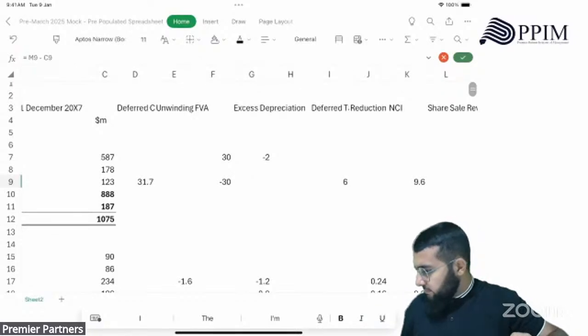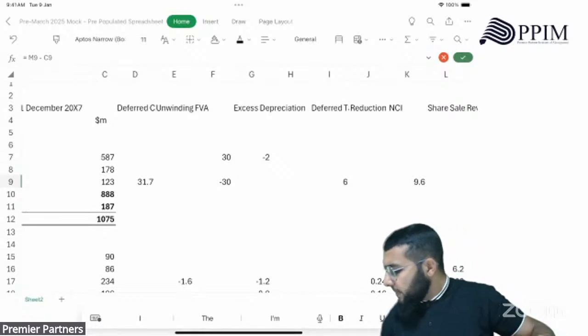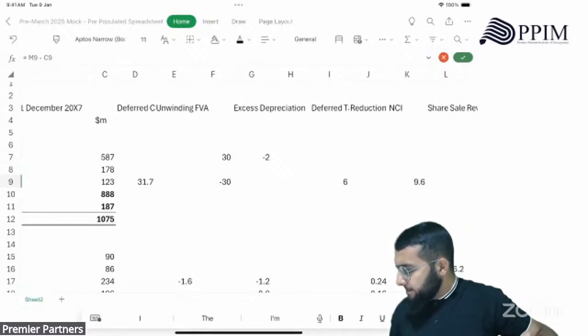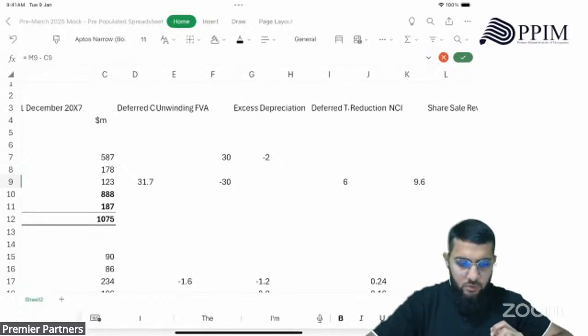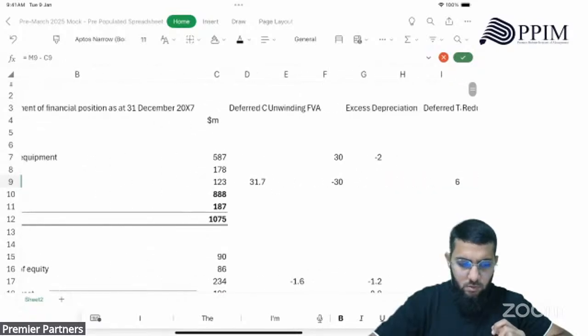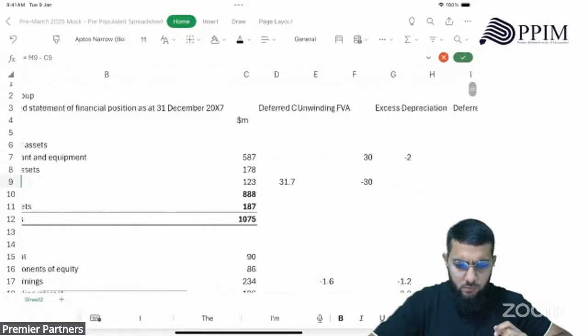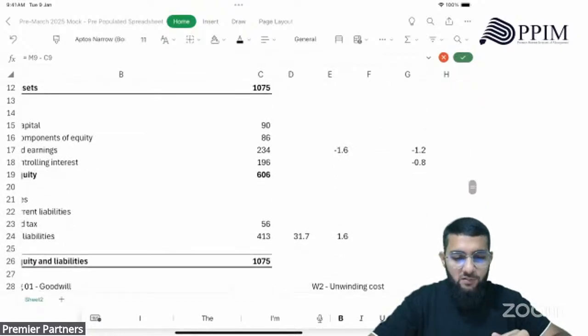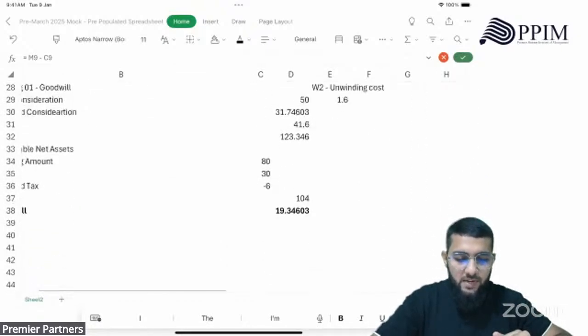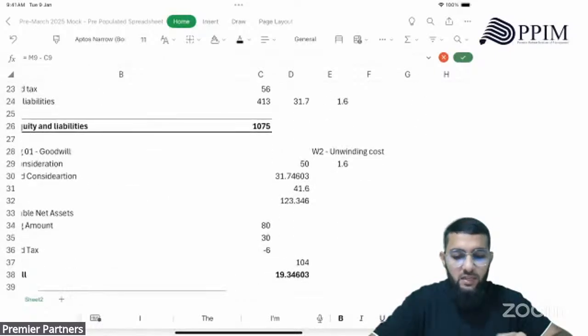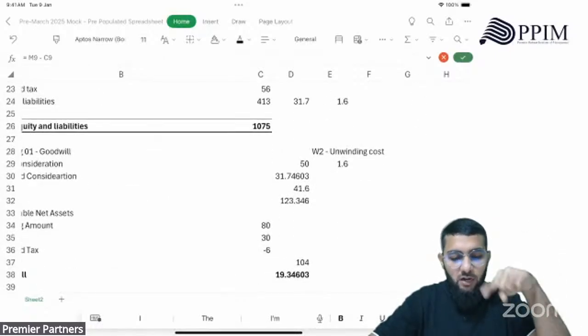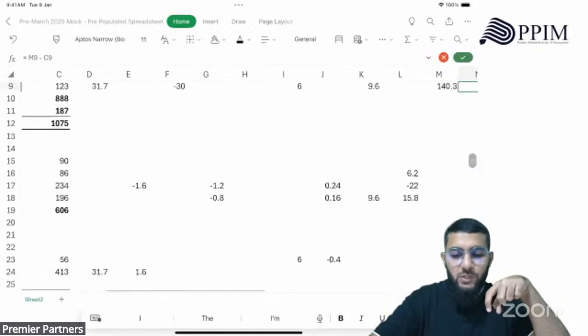There is some correction required for 31.7. Yeah, because goodwill initially was 2, 17.3. Now it becomes 19.3. So the difference between the initially recognized goodwill and now is 19.3.